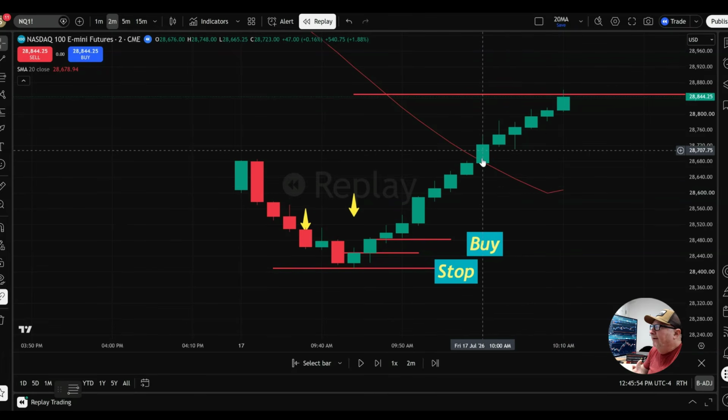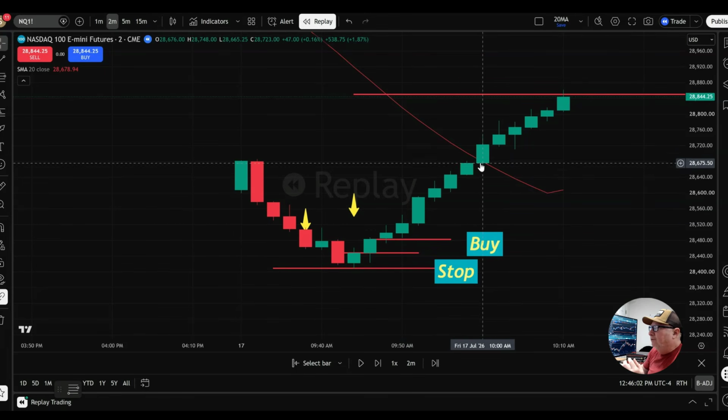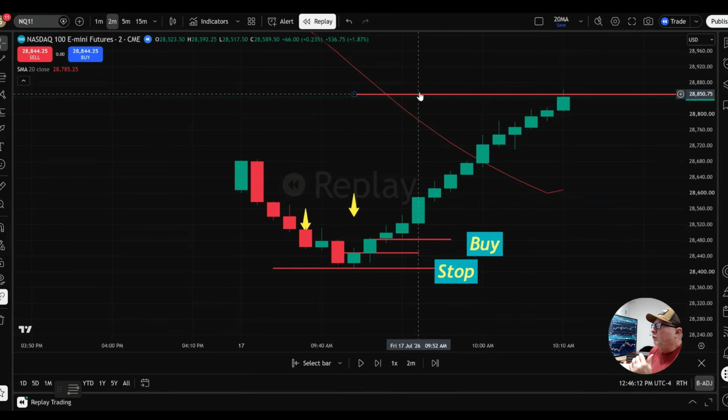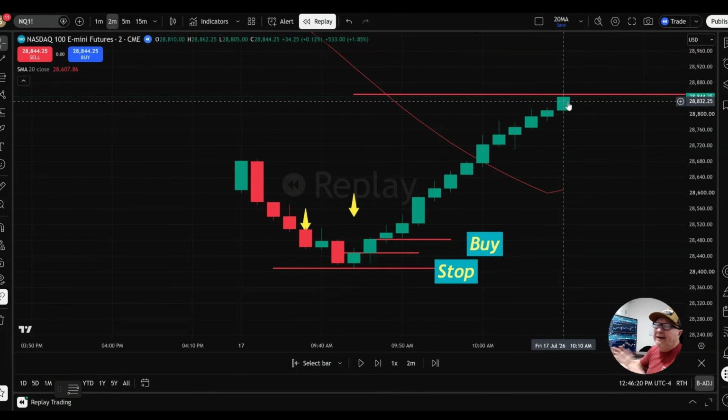The reason I don't use that as a target should be obvious here. If you get a bounce in the waterfall trade, which you very often do, most of the time it's going to slice right through the 20 on the 2-minute and run back toward that 20 on the 5. And again, all I'm using that for is a profit target.